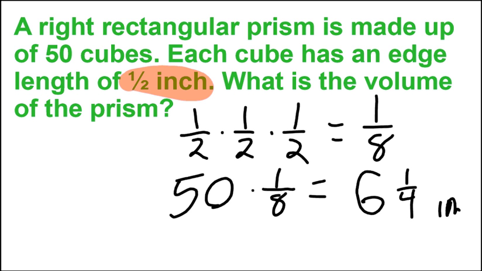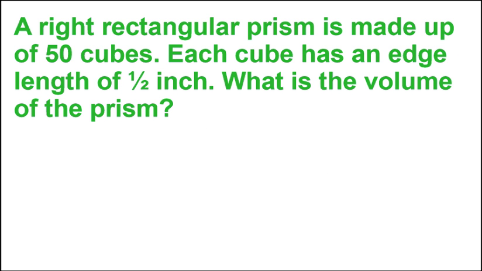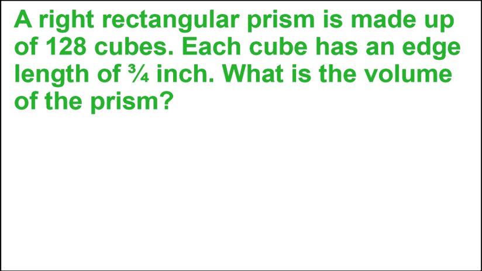This would be in cubic inches also if it was labeled. Any questions on that? Not a very difficult problem to do, is it? It's different though, right? It's different than what we had done. All right, y'all go ahead and try that one.